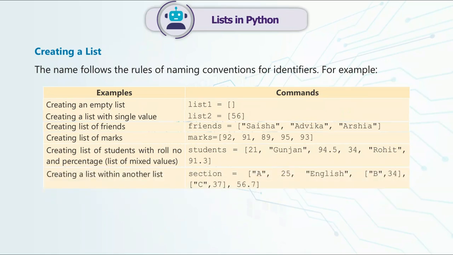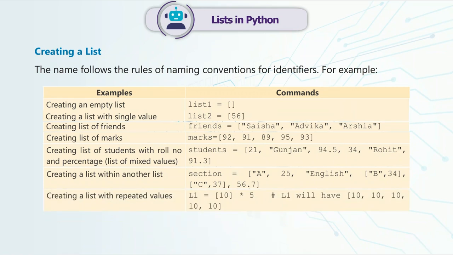Creating a list within another list: section is equal to square brackets, double quotes A, 25, double quotes English, square brackets double quotes B, 34, square bracket close, square brackets double quotes C, 37, 56.7.